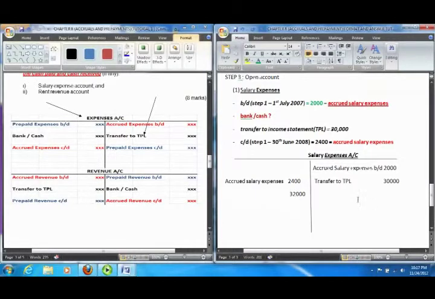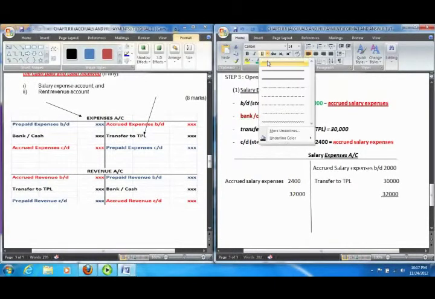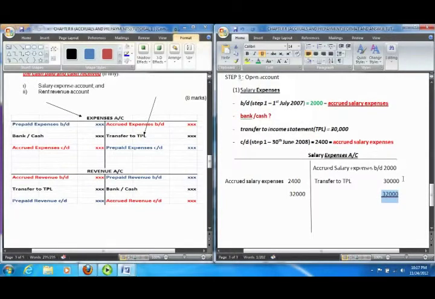So if it is 32,000, put it as 32,000 for both sides. Alright, okay, why class I choose 32,000? Because the debit side is bigger than the credit side.